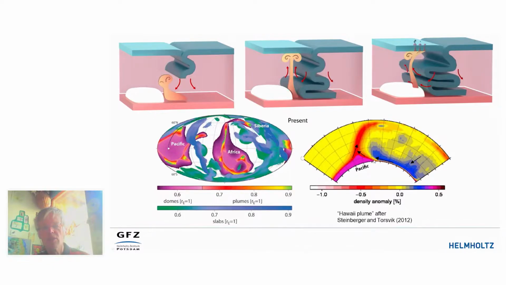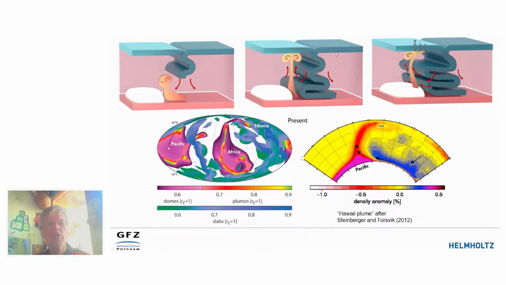At the margins of those piles, the thermal material is being forced upward and generating plumes. This is a numerical experiment, cross-section here and map view here, with violet showing the domes of chemical piles, red-green colors showing where the plumes come up near the margins of those piles, and bluish colors showing where the slabs are going down.